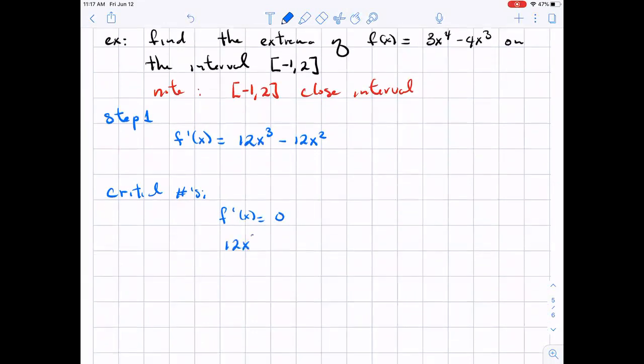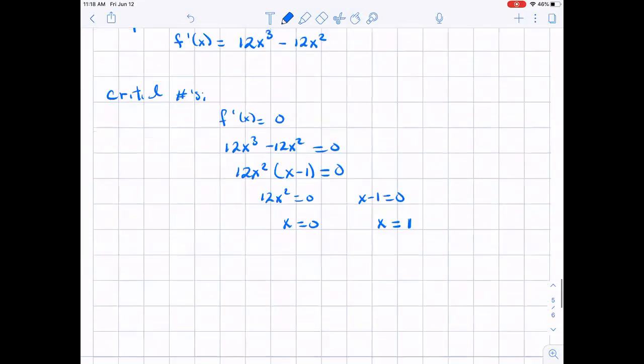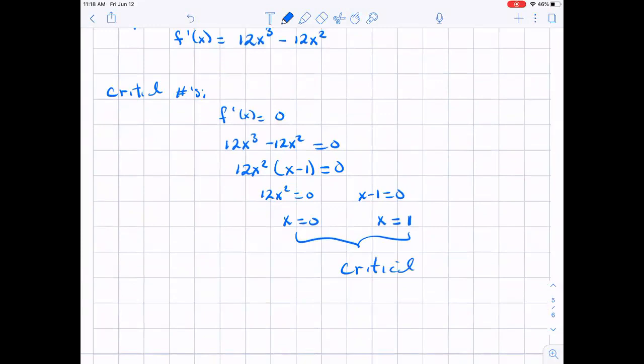So the critical number is where f prime of x equals 0. This means that 12x cubed minus 12x squared is equal to 0. We can factor out 12x squared, leaving us with x minus 1 equals 0. So 12x squared is equal to 0, and x minus 1 is equal to 0. So x is equal to 0, and x is equal to 1. These are the critical numbers, and I'm going to put possible critical numbers.